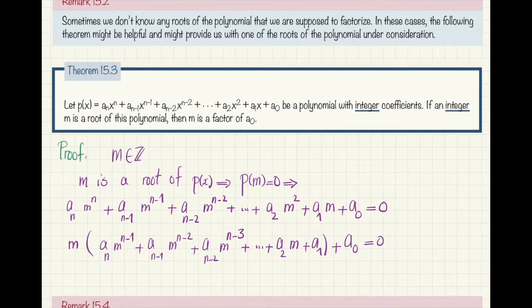Now look, this number m here is an integer according to this assumption. All these factors that you see here are integers based on this assumption. And now you know that because this p of x is supposed to be a polynomial, n is a natural number actually.